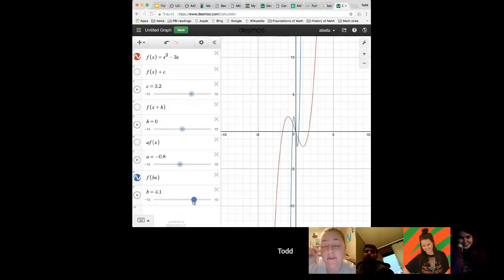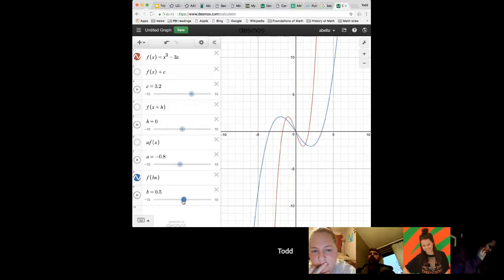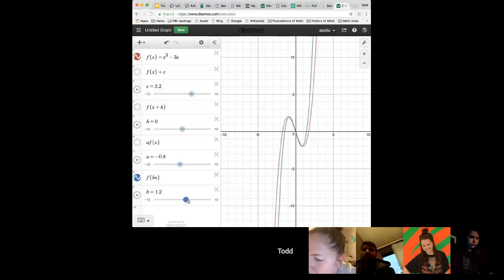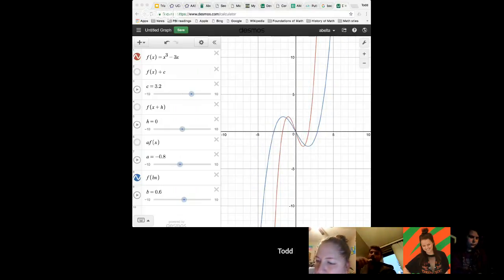You with me there? Mm-hmm. If I multiply by something less than 1, it stretches horizontally. Okay. So I get a horizontal stretch or compression, but again, we have to think about that undoing. All right, I'm going to stop sharing my screen.